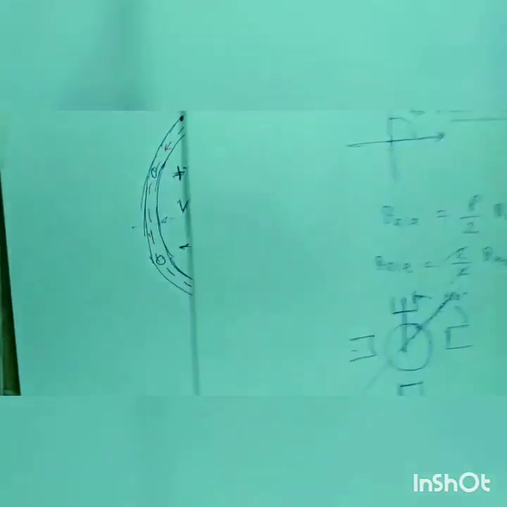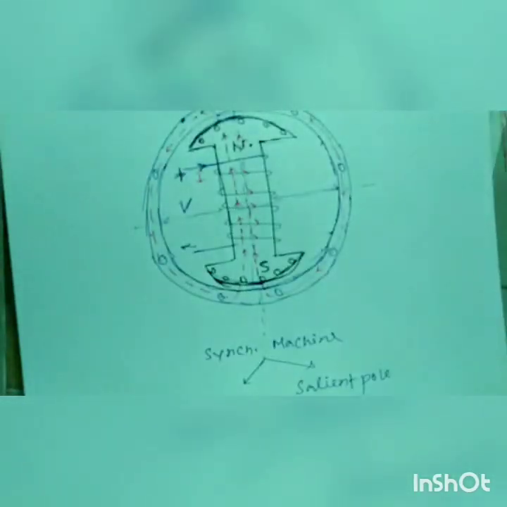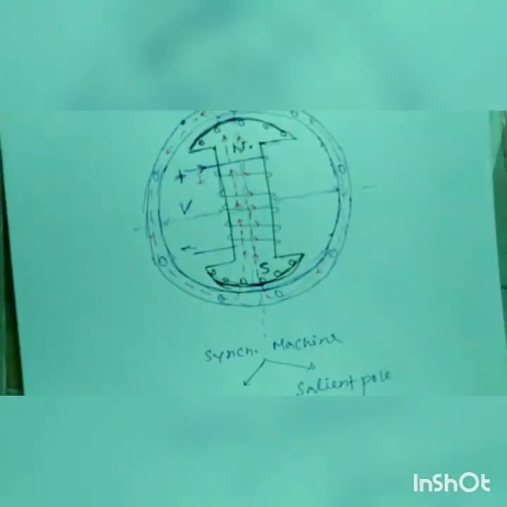So let's draw the phasor diagram of a salient pole synchronous machine.